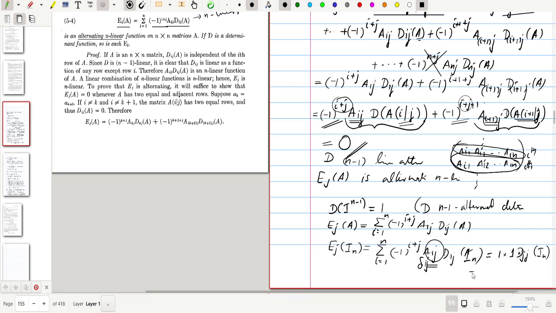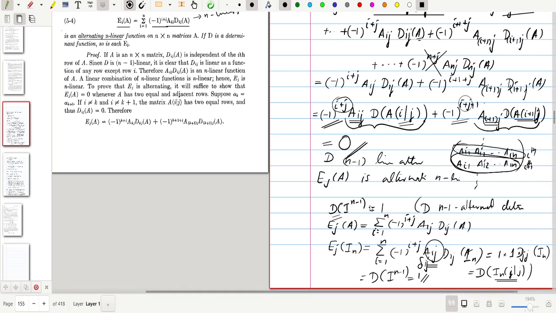That is the D value of I(n)jj. This matrix is obtained by deleting the jth row and jth column of In, that is, by removing the jth column and jth row of the nth identity matrix. So when you remove the jth column and jth row of the nth identity matrix, you get the (n-1)th identity matrix. But our assumption is that D is a determinant function, so D of I(n-1) is equal to 1.